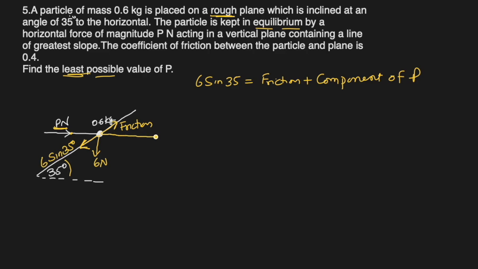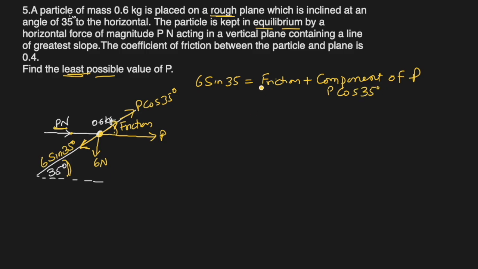We will have to pass it here, so that P now has its tail at the object, and its helping force, which is adding to the friction, will be P cos, and this angle, which is 35 degrees, again corresponding angle 35 degrees. Okay, so in place of component of P, I can also write P cos 35 degrees.